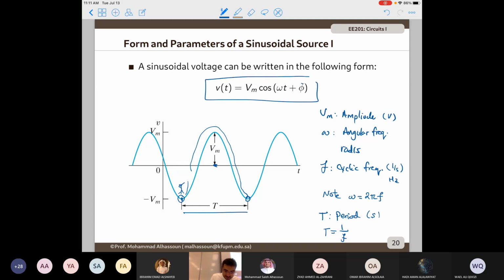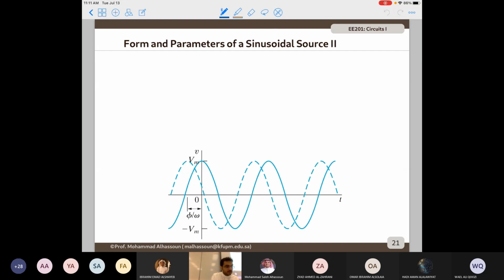The last part, which we're going to talk more about, is the phase, or phi, the phase angle. And note, if phi is greater than 0, what does it tell you?